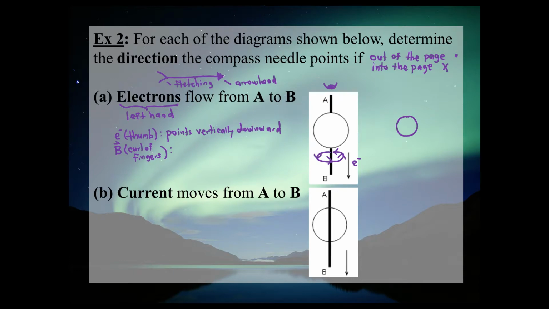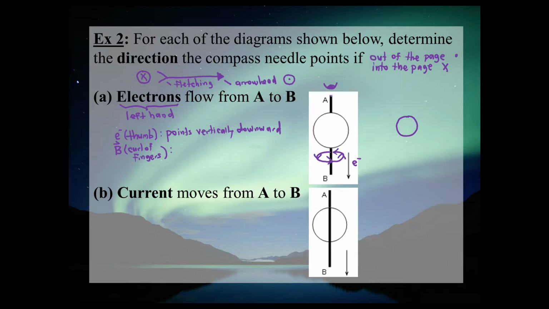Now, if that arrow was coming at you, what you would see is the arrowhead, the little tiny dot representing the point of the arrow that's coming at you. If you viewed this from behind, like the arrow is going away from you, what you would see is the back of the fletching, which would appear as an X. So if a quantity is coming at you, you use a dot. If it's going away from you, we use an X.